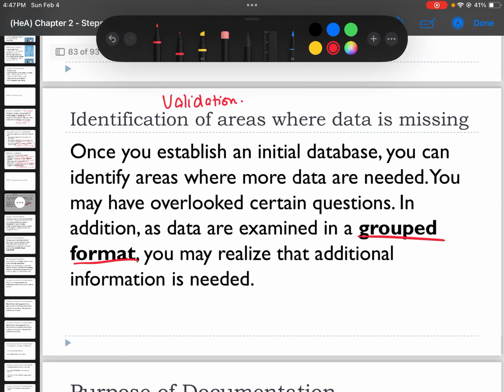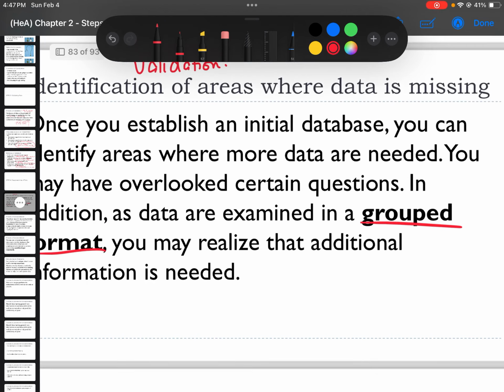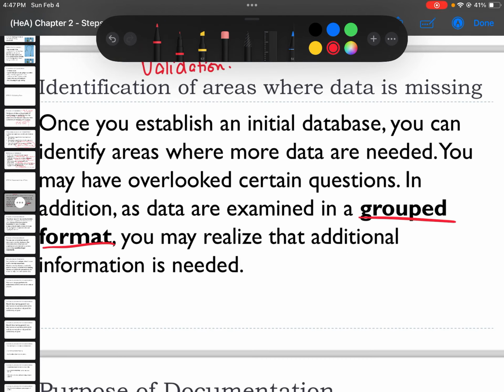That is what we mean when we say grouped format. Another is, for example, class, the patient tells you that they have had what we call bouts, or let's say, for example, chronic back pain.